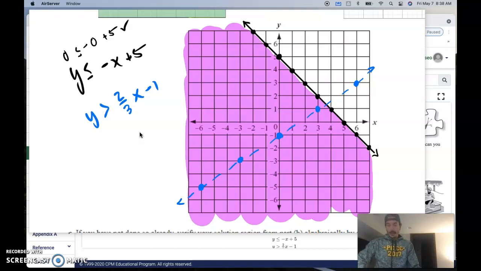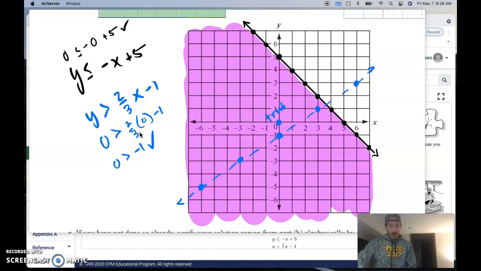I'm going to dot 0, 0. 0, 0 is not on my line, so I'm going to test that point. I'm going to say, okay, 0 greater than 2/3 times 0 minus 1. 0 greater than -1. Yeah, sure is. That checks out. This is going to be a true point.